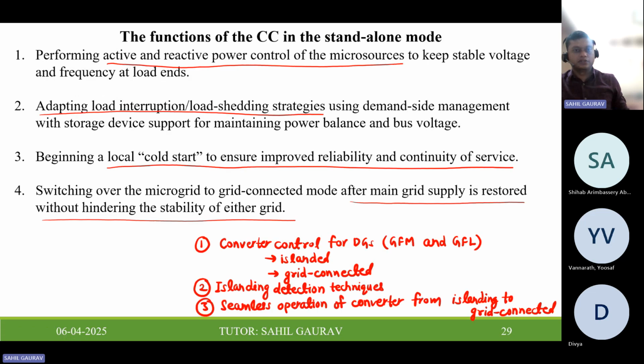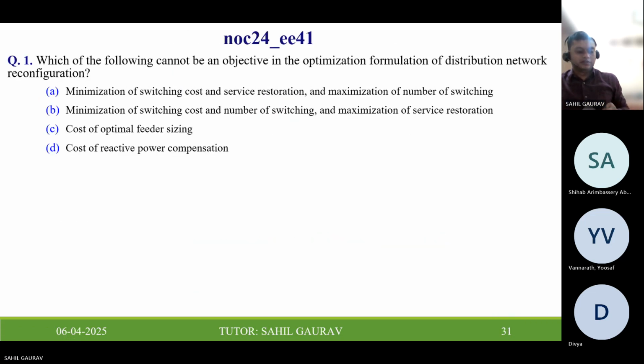This is all for the theory part, revision section. Now we will move to the questions. Whatever you think the answer can be, you type in the chat box. So the first question is: which of the following cannot be an objective in the optimization formulation of distribution network reconfiguration?